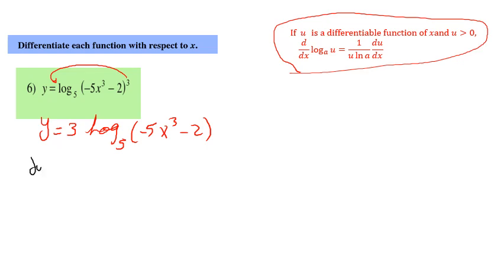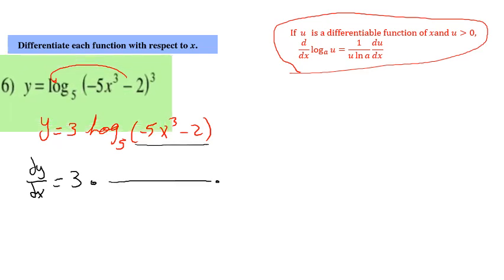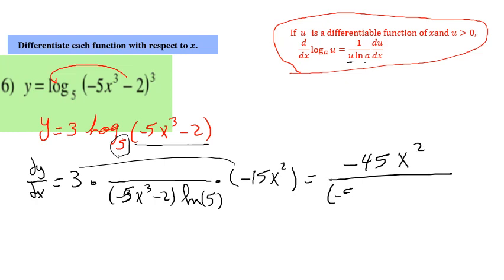So I can say that dy by dx is equal to 3, which is a constant, multiplied by 1 over u, so negative 5x to the power 3 minus 2, ln a, which is ln of the base, and the base is 5, multiplied by the derivative of u, so it's negative 15x squared. So it's negative 45 after I multiply 3 by negative 15, over (negative 5x to the power 3 minus 2) ln of 5.